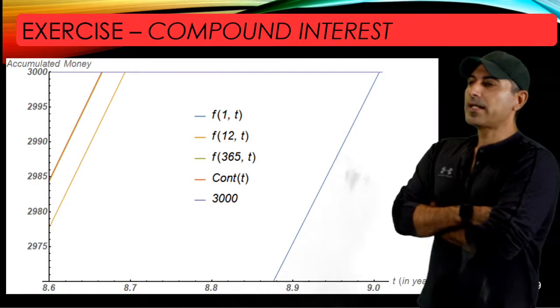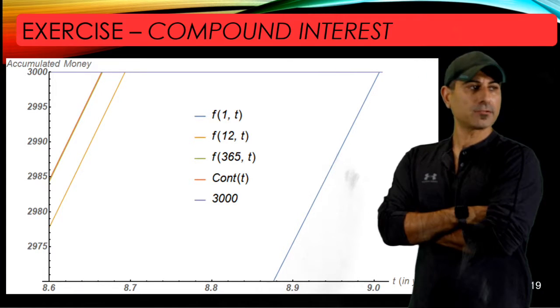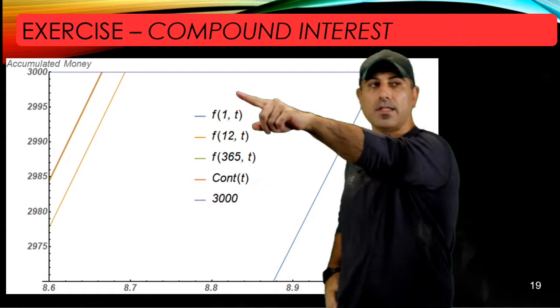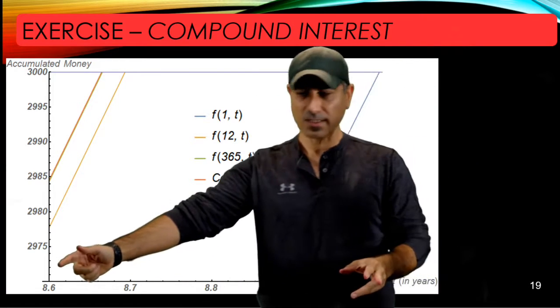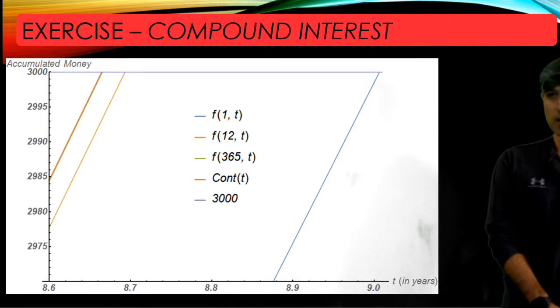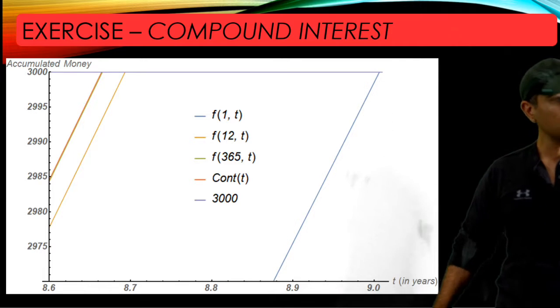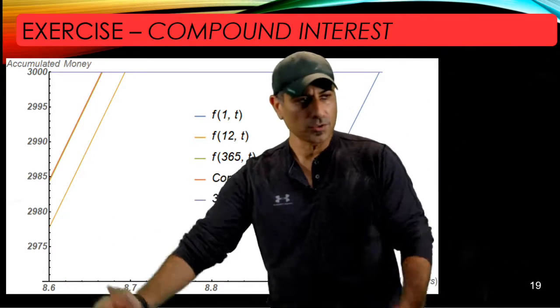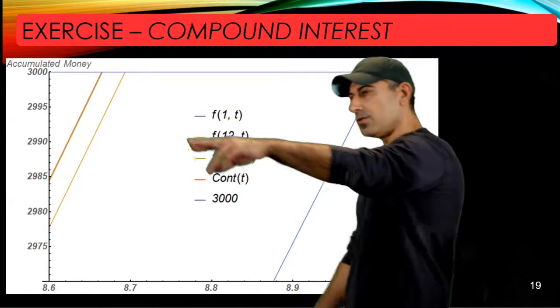And here is the graph of different ways of compounding. As you see, the first one, the blue one, is compounding annually. I also use the time scale zoomed in, since all of the numbers coming out of each case are between 8.6 and almost 9.1, so I graphed those solutions in that interval, as well as the y-axis.